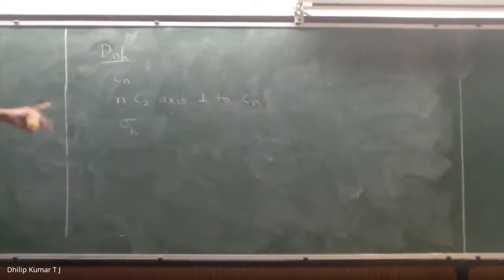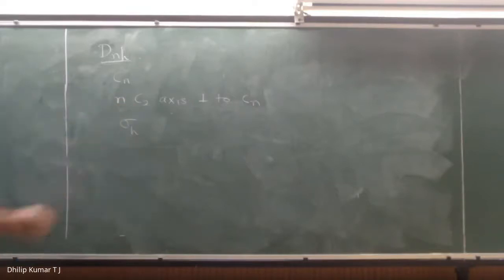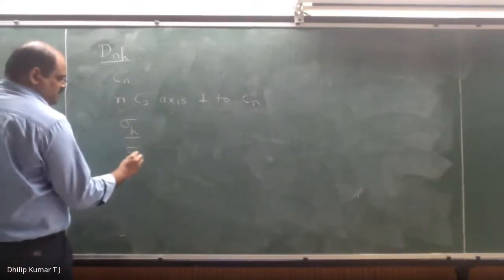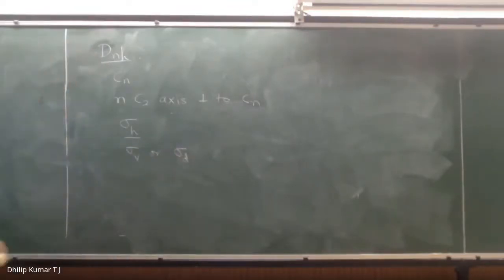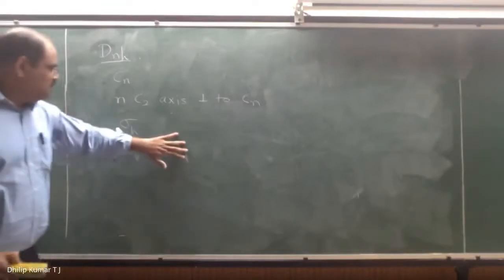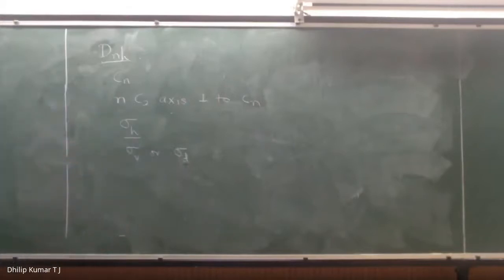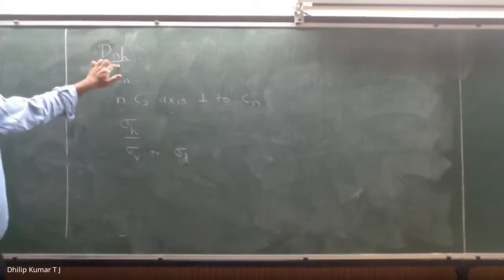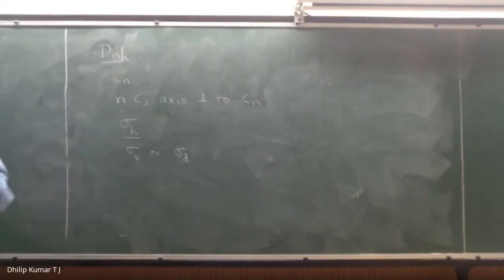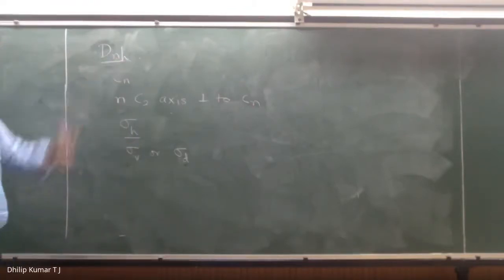Some molecules can have, in addition to sigma h, also sigma v or sigma d. Still, even if all these things are present, you label it as Dnh only, because whenever the molecule has sigma h, the preference is given to sigma h. That's why the h is given in the labeling.